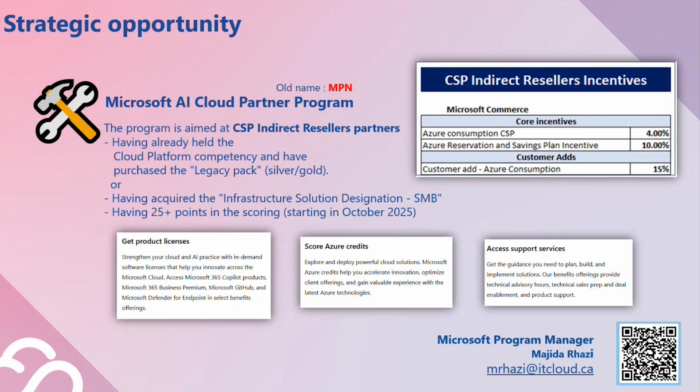If you have any inquiry about the new requirements, the new limitations, or the point system scoring and how it works, just have a talk with her. With pleasure, Majida will explain how it works. And honestly, the Microsoft AI Cloud Partner Program is a good opportunity to get things like licenses, Azure credits, and access to support services.